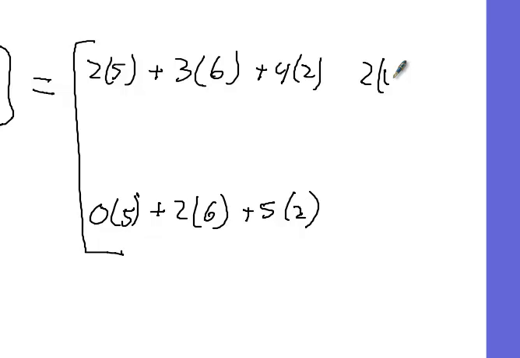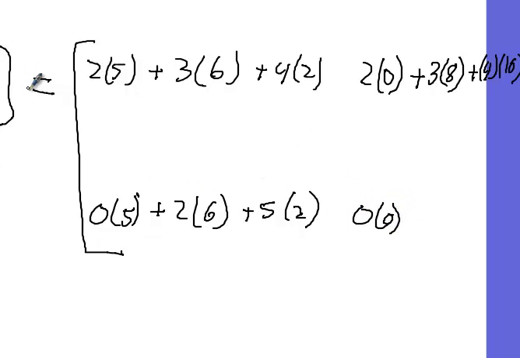So 2 times 0 plus 3 times 8 plus 4 times 10. I hope that fits in the screen. Now to get row 2, column 2, we take row 2, which is 0 times 0. That's nice. And then 2 times 8. Then we take 5 times 10.